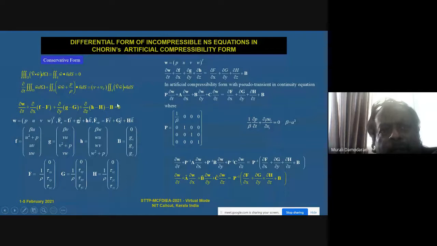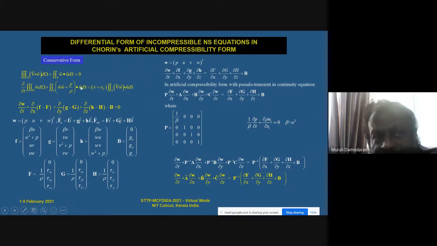If you look at the incompressible equation, if you write it in integral form, it will look like this. There's no time-dependent term for the continuity equation. Because of that, the lack of time dependence doesn't make the system quite hyperbolic.